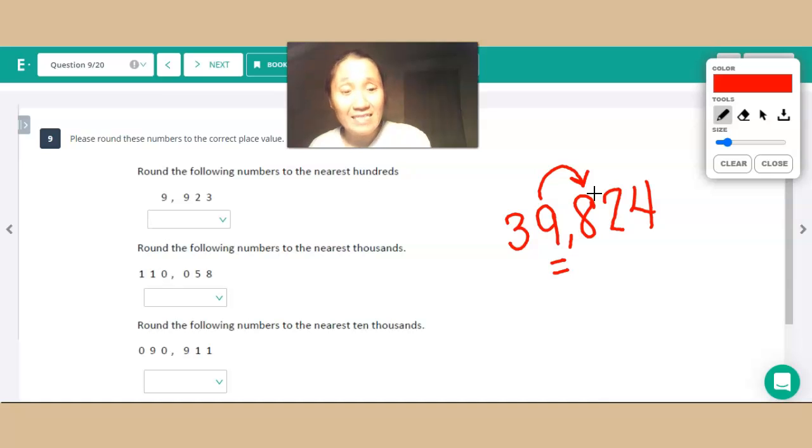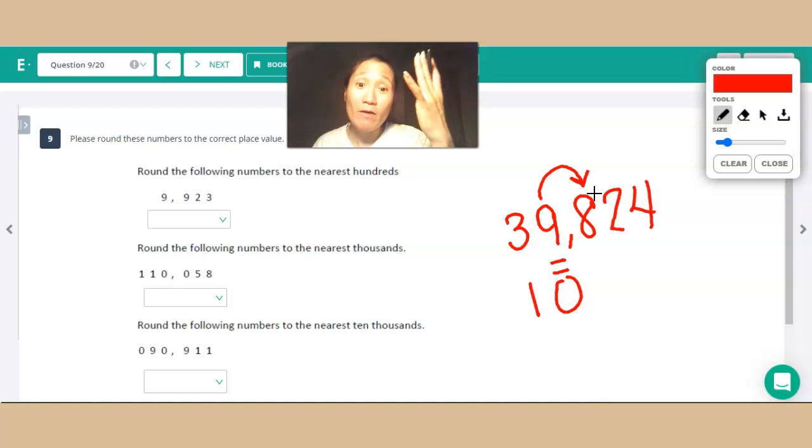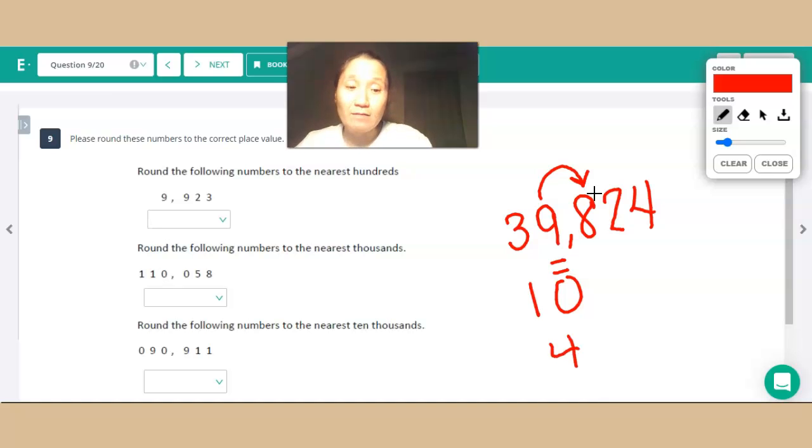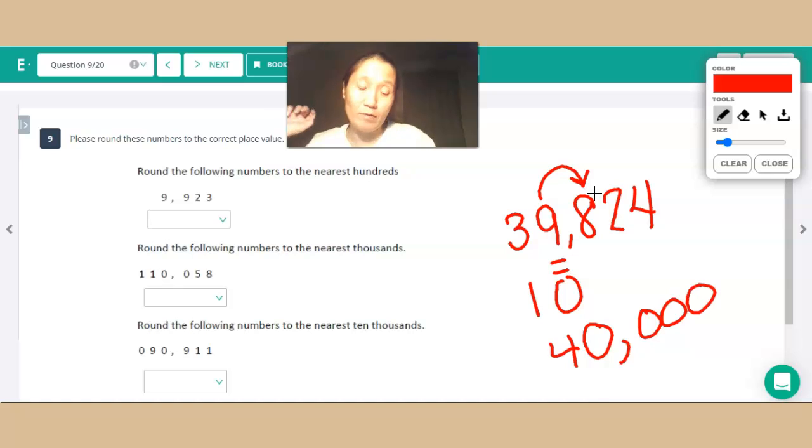Because it becomes 10, that 1 gets carried over to the 10,000 spot, and the 3 changes to a 4. The 9, because it's no longer 9, becomes a 0, and everything after it becomes a 0. So 39,824 transformed into 40,000.